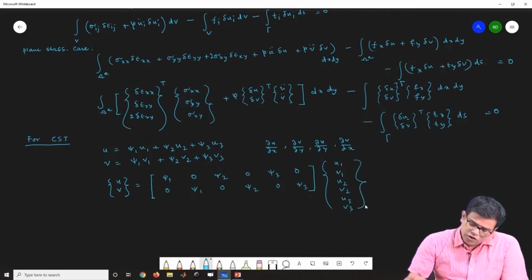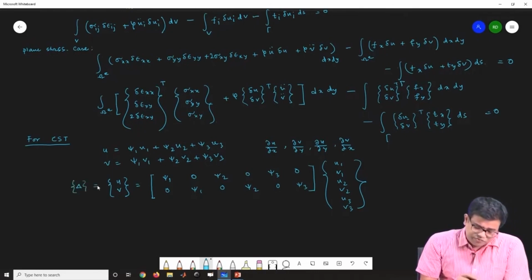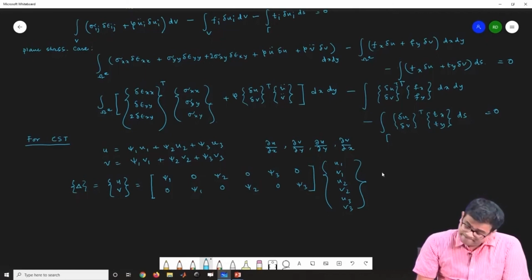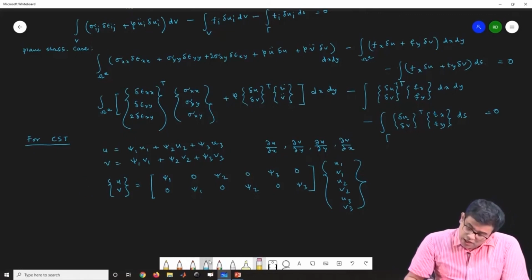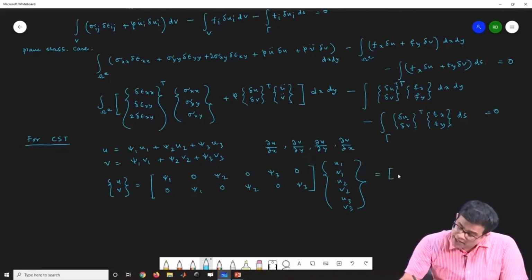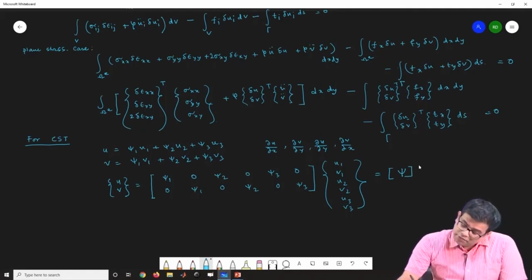This is how we write u and v together. Let us say this is my psi matrix, multiplied by a vector which is delta.